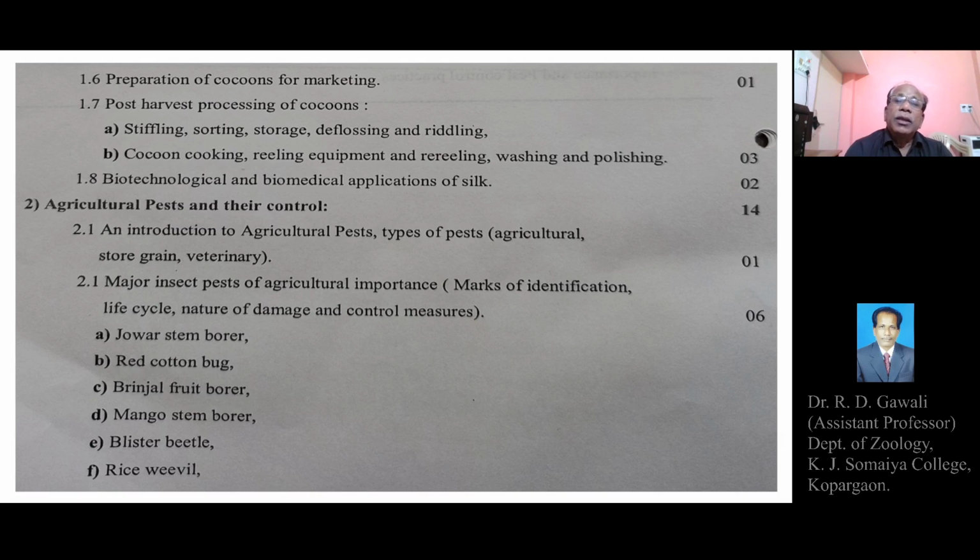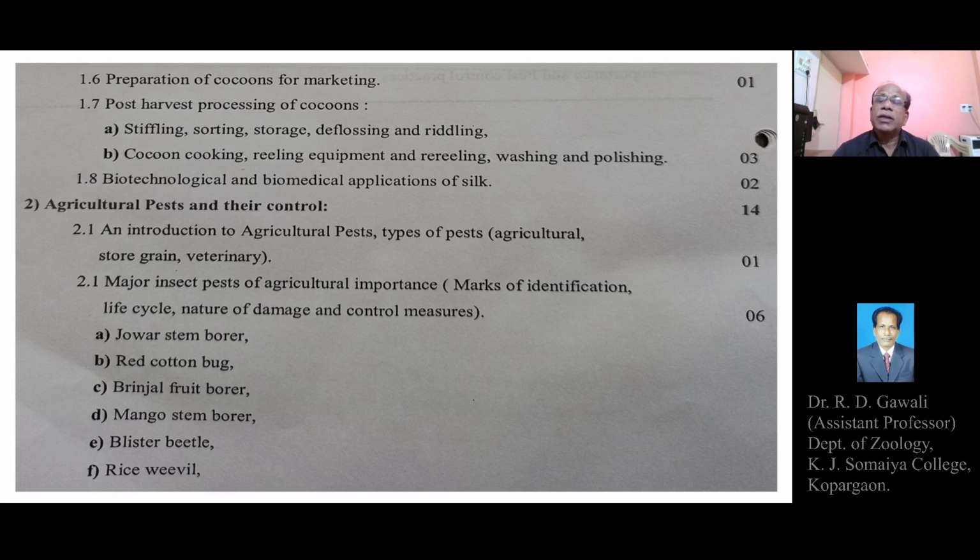because if we are not drying or killing the pupa inside, the pupa gets developed into the adult stage, and the adult can emerge out by breaking or cutting one end of the cocoon. So this will be a loss of cocoon.